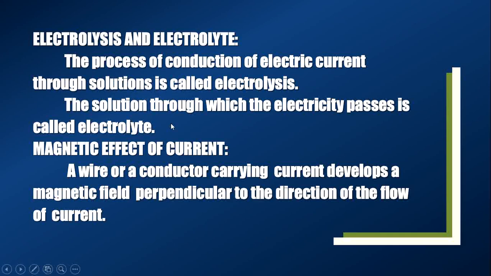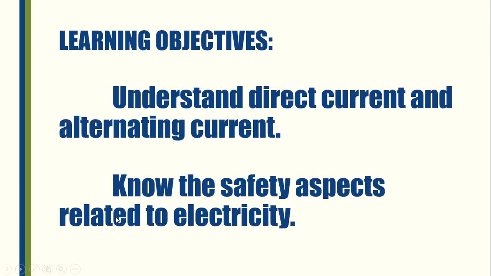The solution through which the electricity passes is called electrolyte. Magnetic effect of current. A wire or a conductor carrying current develops a magnetic field perpendicular to the direction of the flow of current.